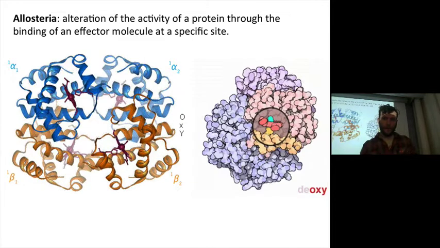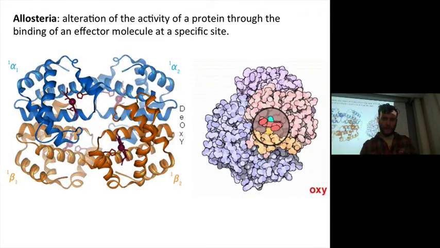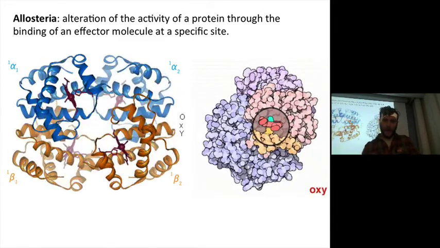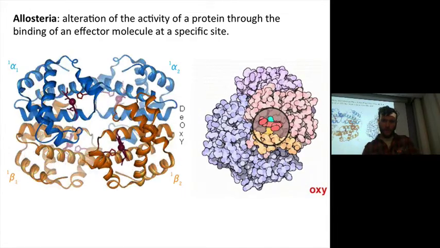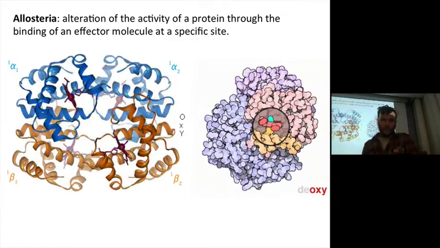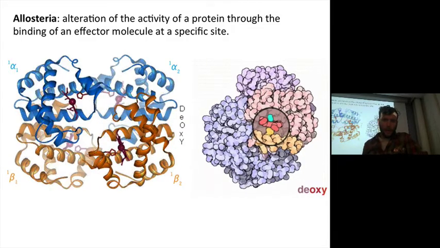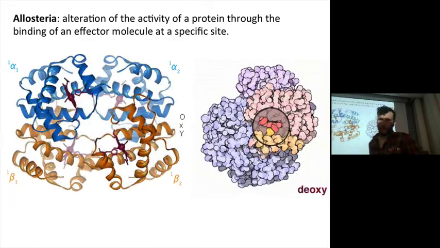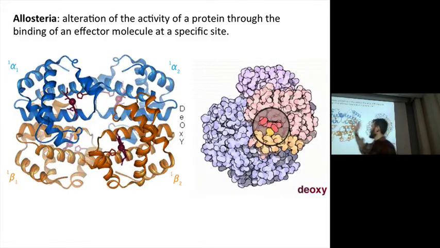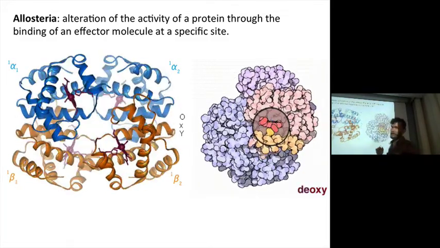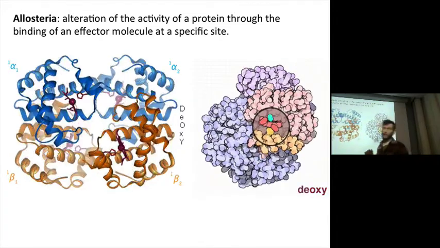All right. So here are some GIFs that I have that can show you the conformational shift that you see going from oxyhemoglobin to deoxyhemoglobin. One is along a central axis and the other is on a lateral axis of this protein.